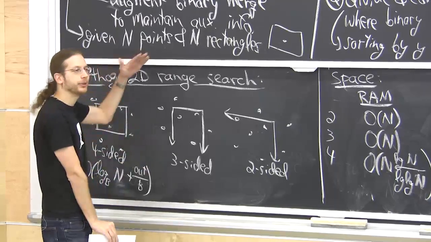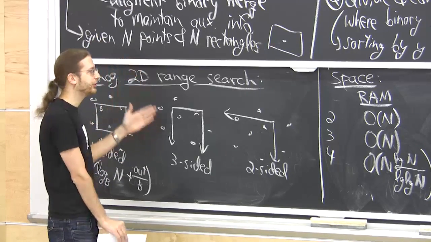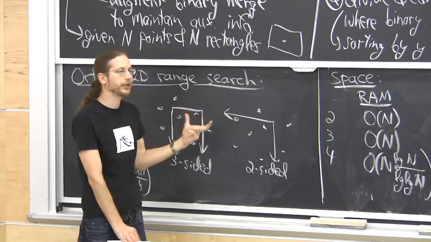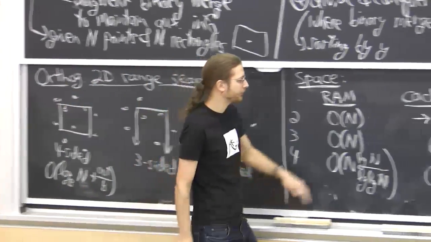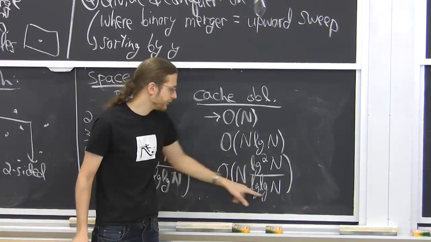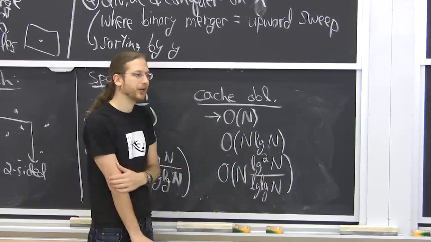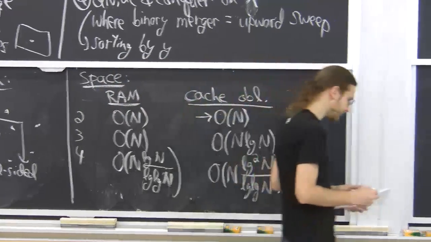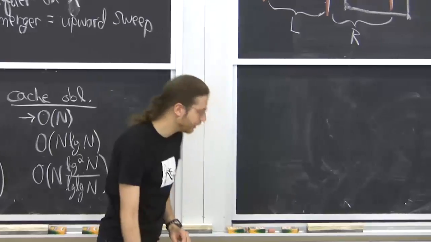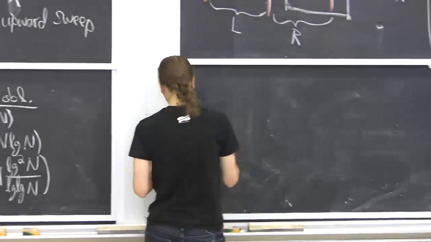The hard part was getting up the number of dimensions. The easy part was turning half-infinite intervals into regular intervals. So once we have this, it's easy to add a log, add another log. Just with a bit of sophistication, we can save a log factor. Okay, but let's do two-sided. This will be the bulk of the lecture.